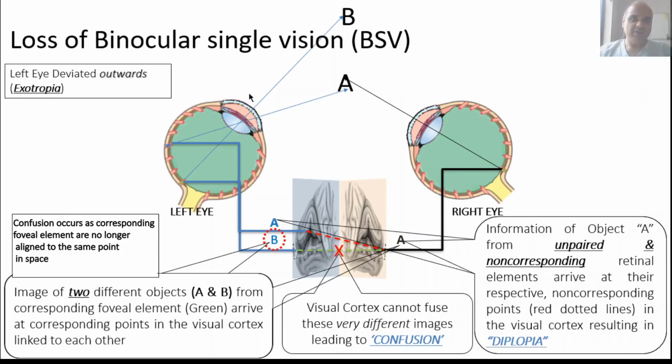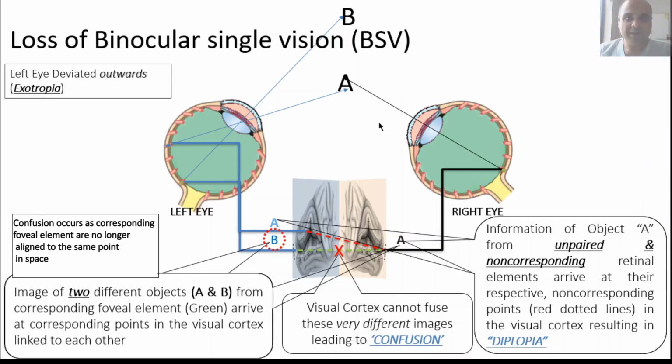The left eye can't look at A because it's deviated outward for some reason, those reasons which we'll talk about in a bit. So two different images arrive at the corresponding point in the visual cortex, which can't be fused because they're too different, and you have confusion.